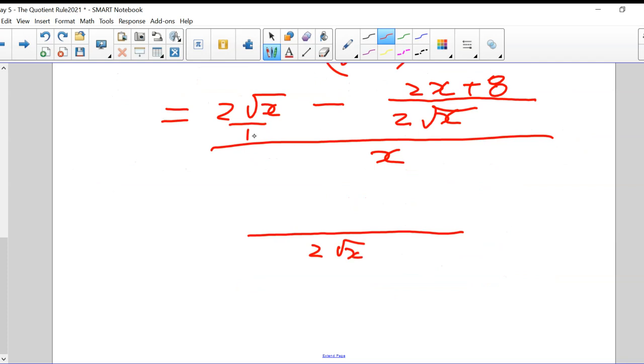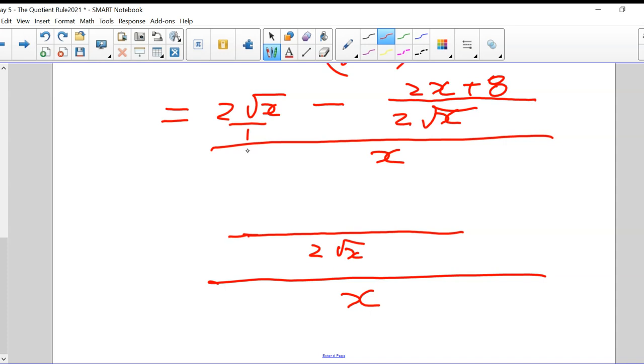Between this denominator and that denominator, 2 root x seems to work. And all of that is still over x, by the way. This is some fairly involved algebra, just trying to figure out how to do rational functions and all that good stuff. Anyway, 2 root x is my common denominator.